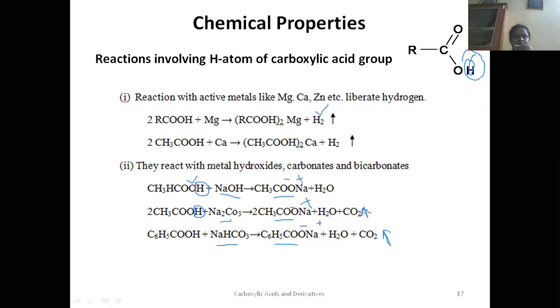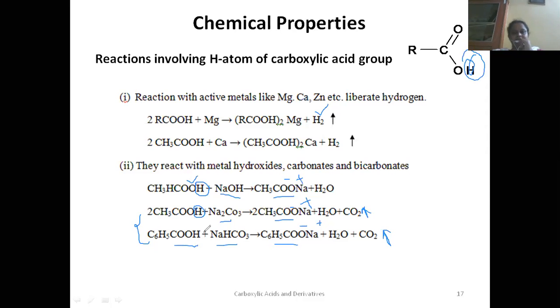That formation of bubbles is known as effervescence. And these two reactions are used as identification tests for the existence of the carboxylic acid functional group, that is COOH.